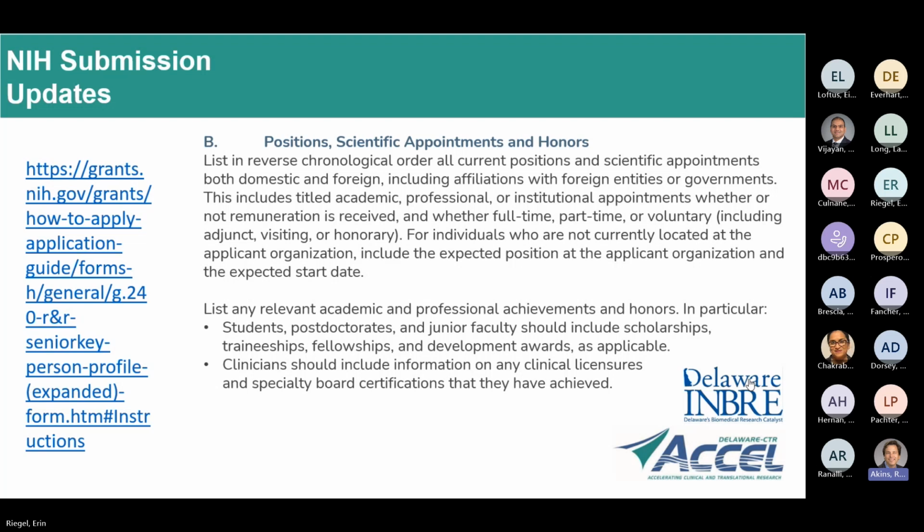This includes scholarships, traineeships, fellowships, anything like that. As you get further along in your career, those things are less relevant. But nothing prohibits you from including something you think is relevant and would help the reviewers, both scientific and administrative reviewers.